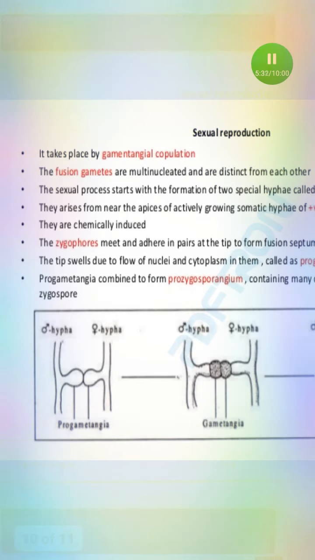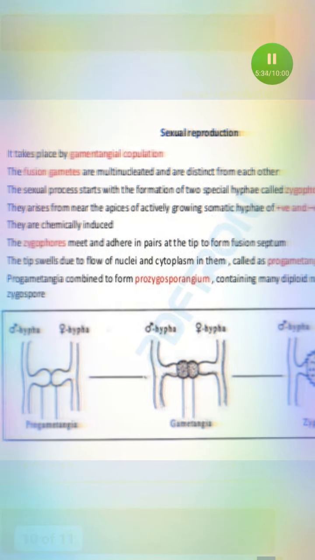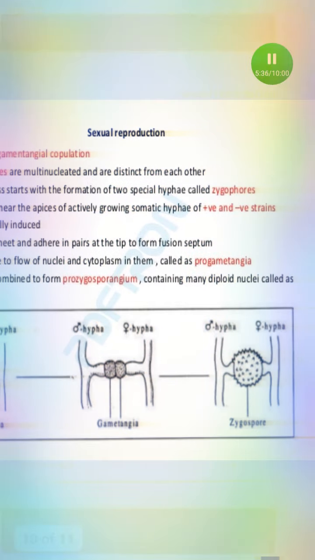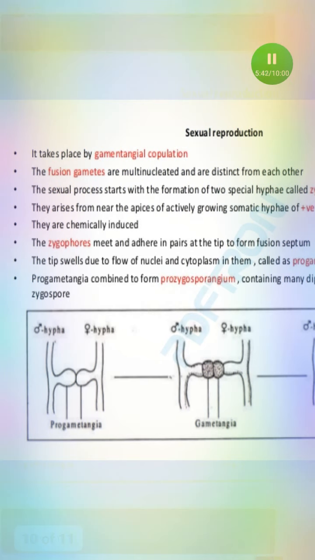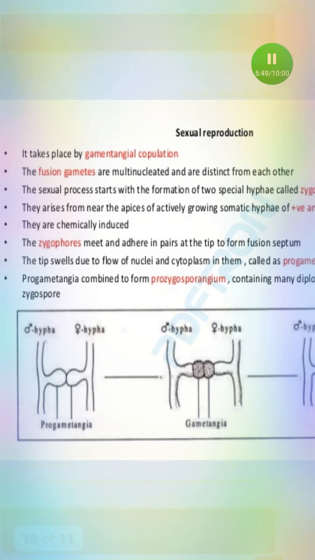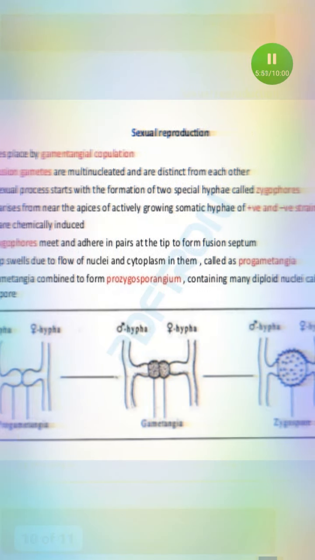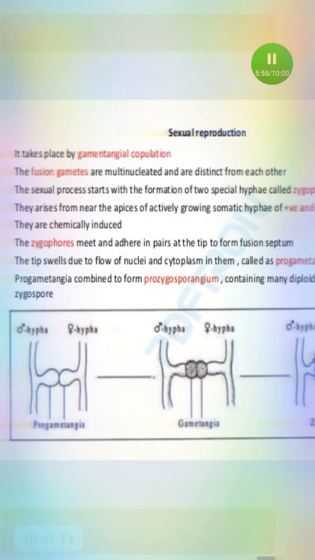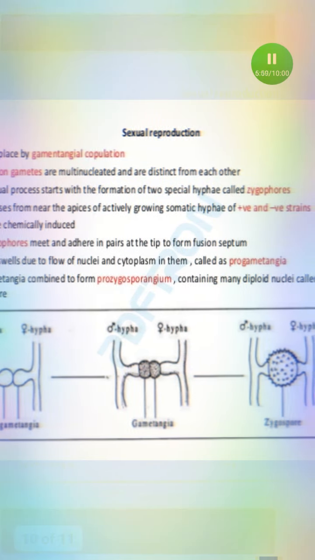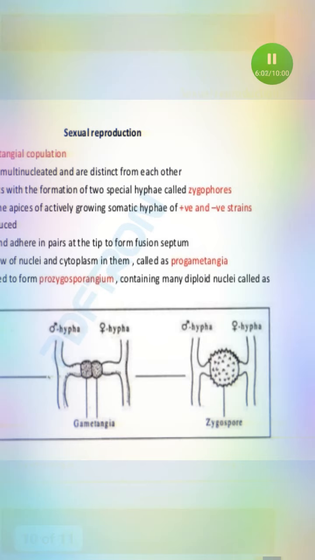They arise near the apices of actively growing somatic hyphae, negative and positive strains. They come in contact, and the zygophores meet and adhere in pairs at the tip to form a fusion septum. The tips swell due to flow of nuclei and cytoplasm in them and are called progametangia. Progametangia combine to form a prozygosporangium containing many diploid nuclei.